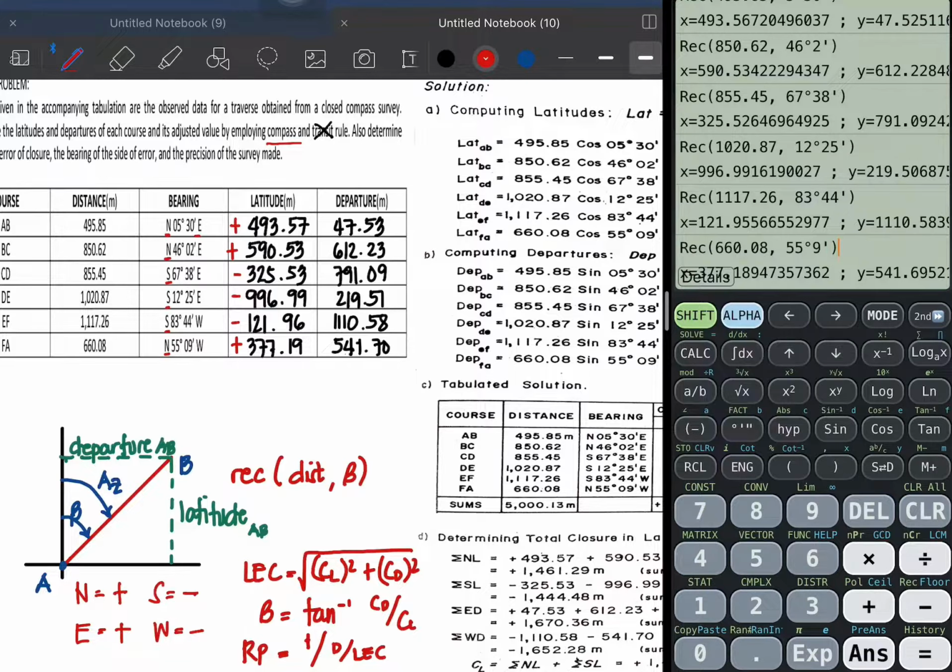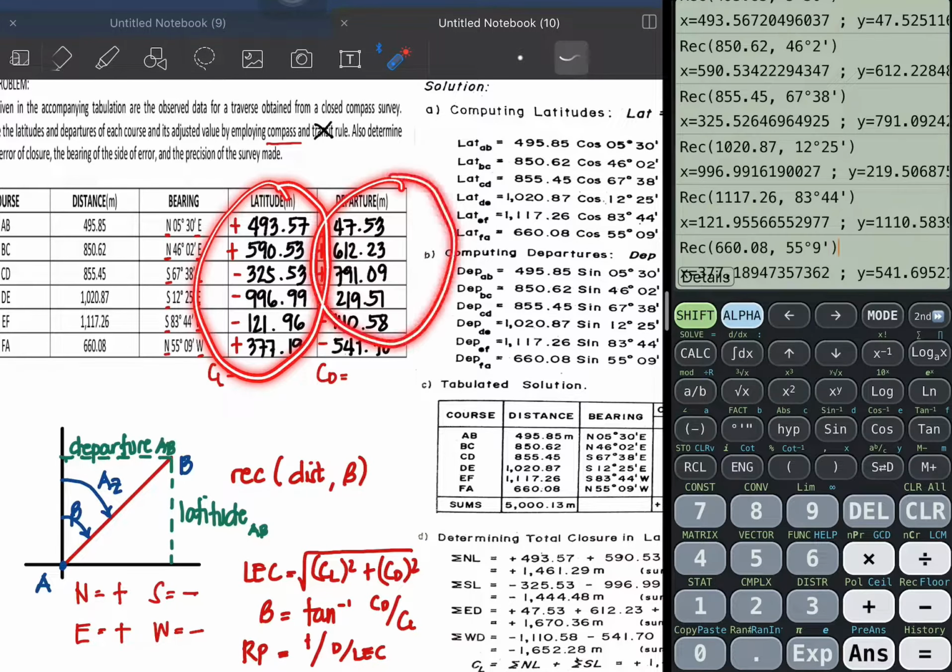And then for departure, you have east, positive, east, east. So positive, positive, positive. Then west and west, negative, negative. And then you have to solve for the CL and CD. To solve for CD or CL, you just have to add or take the arithmetic sum with the following sign conventions.